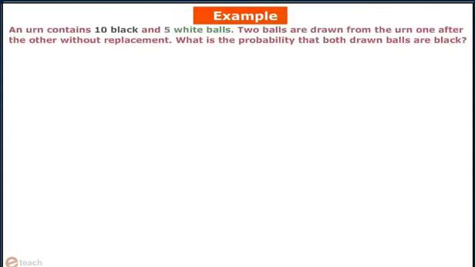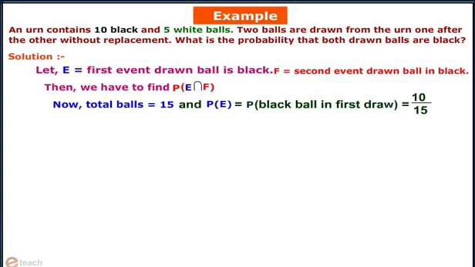Then we have to find P of E intersection F or P of E given that F has already occurred.